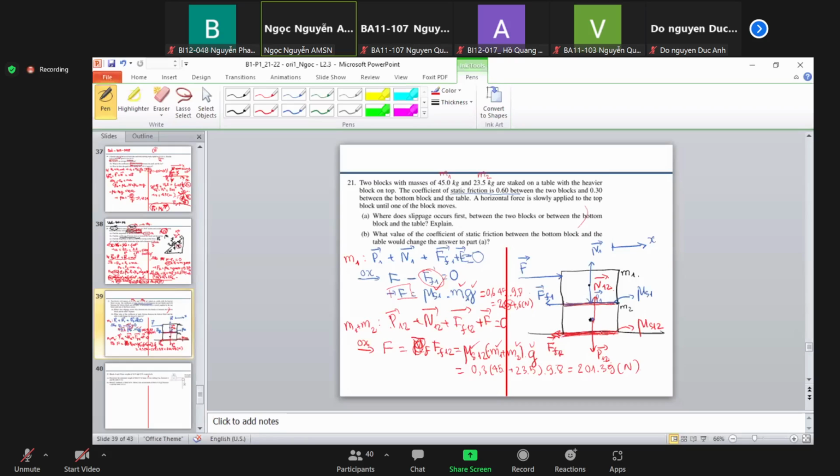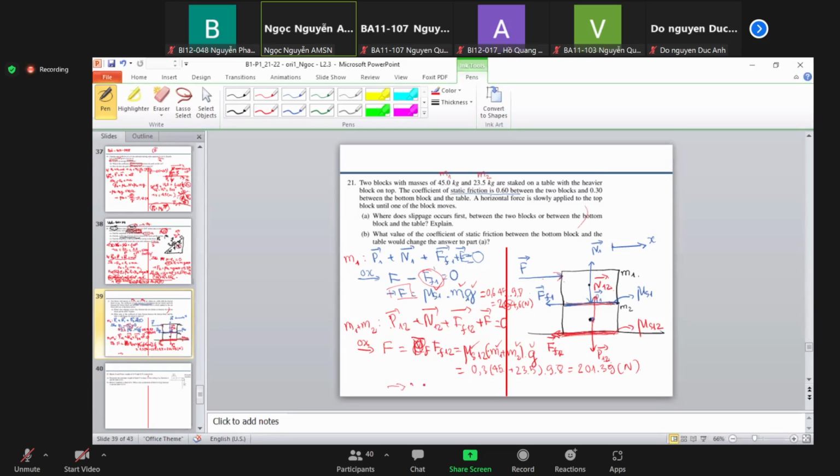Okay, what does this mean? It means the force you apply should be higher, okay, to get over this static force, to make it move. Okay, so what is the conclusion? What does this mean?